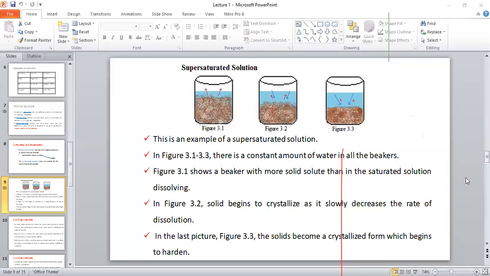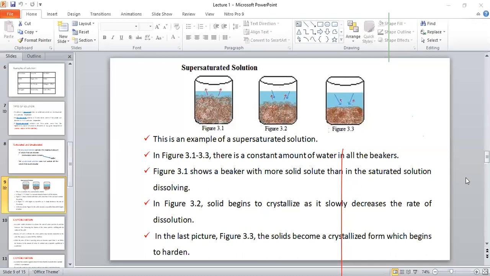In figure 3.2, solid begins to crystallize as it slowly decreases the rate of dissolution. That means as you're adding your solid, the rate of dissolution reduces because more solutes are going into solution.